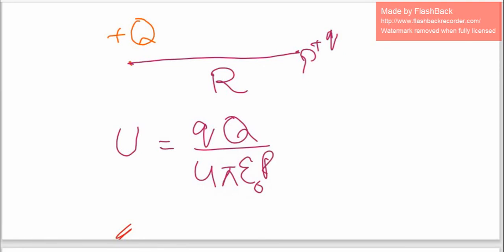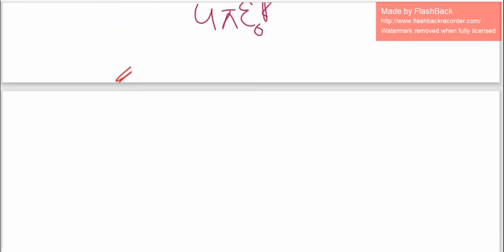So the electric potential energy is the work that I have to do by bringing this charge plus q here. Now I am going to introduce the electric potential. Sorry for my phone.